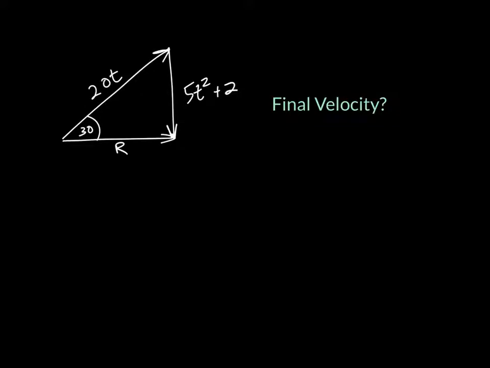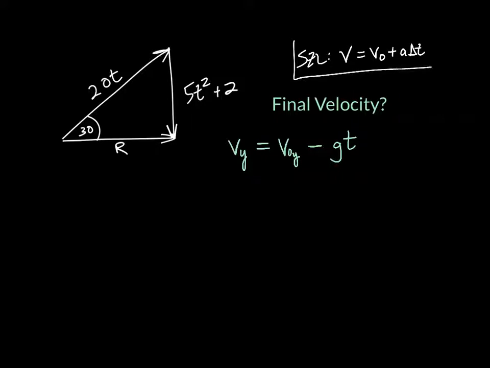So one of those equations, final y velocity would equal the initial y velocity minus gt. Now, the way we wrote the second zeroth law, it would have been v equals v naught plus a delta t.